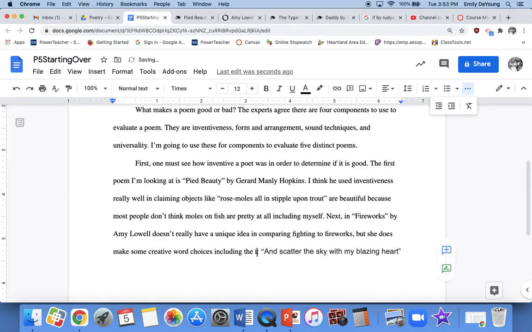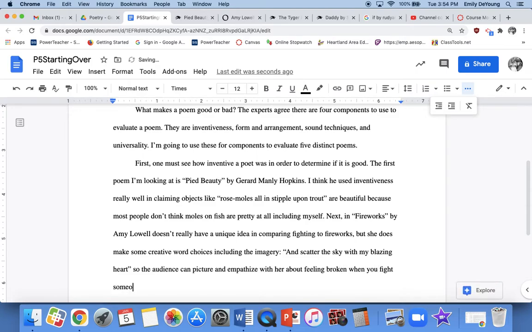So I'm going to put imagery, and I'm going to make sure I change my formatting to what it should be. Let's see, will this actually bring it back to what it should be? Nope. So I guess that button doesn't actually work. So the audience can picture and empathize with her about feeling broken when you fight someone you love.